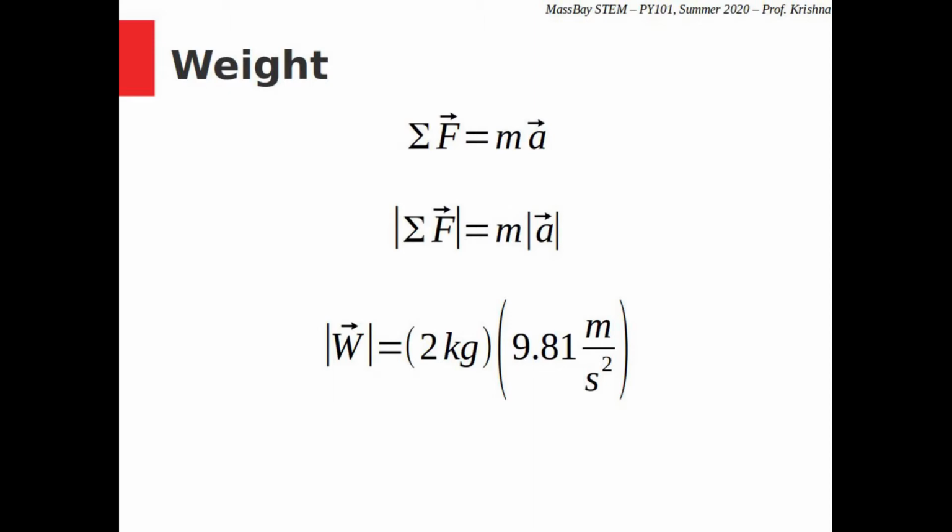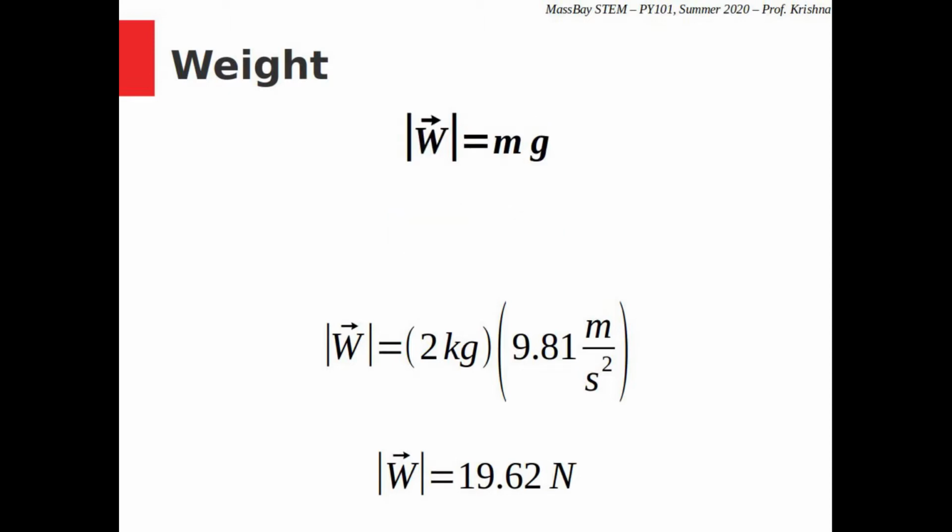We can calculate the value of weight using F equals ma. It would work out to 2 kilograms times acceleration due to gravity, which on Earth is 9.81 meters per second squared. The size or strength of the force then works out to 19.62 newtons.